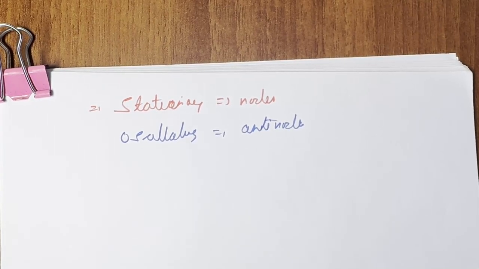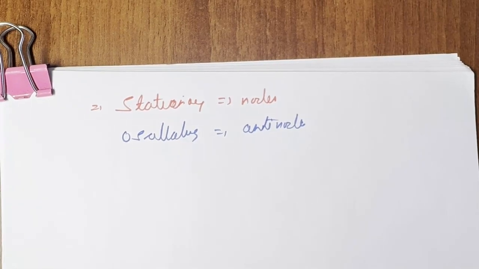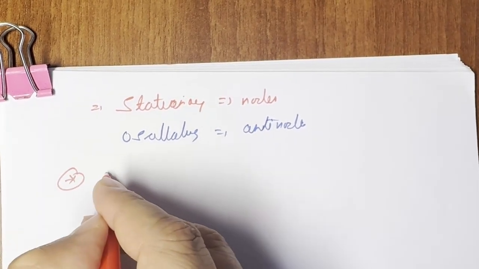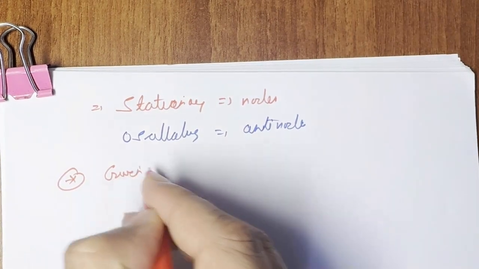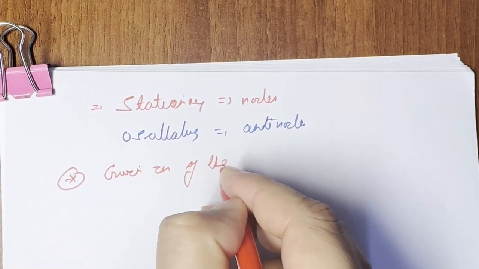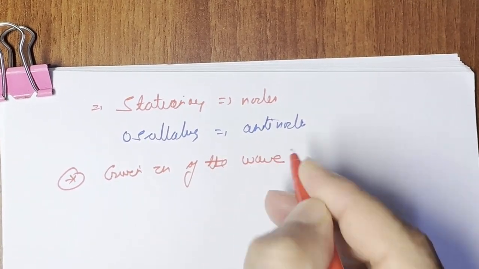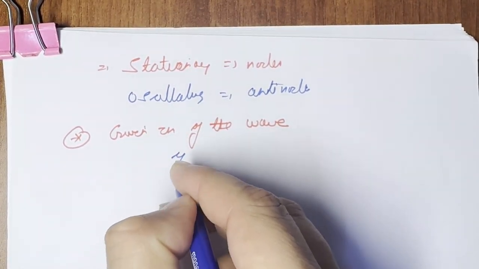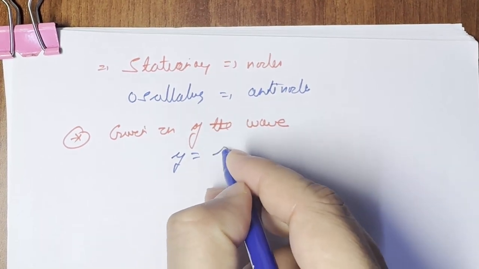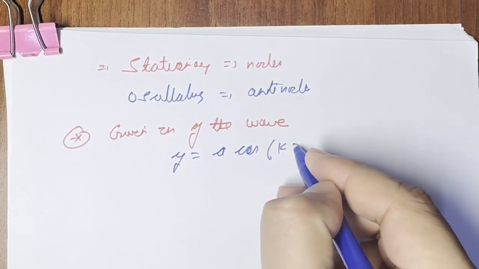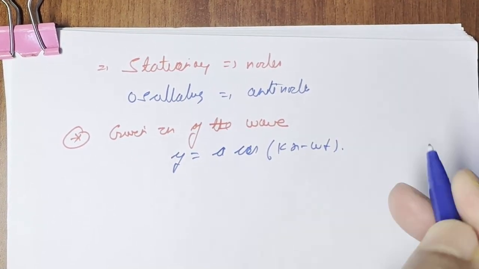We are given a wave which is represented by the equation y equals a cos of kx minus omega t.